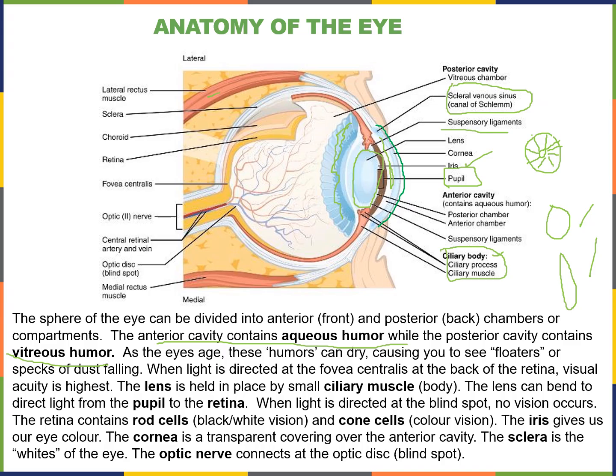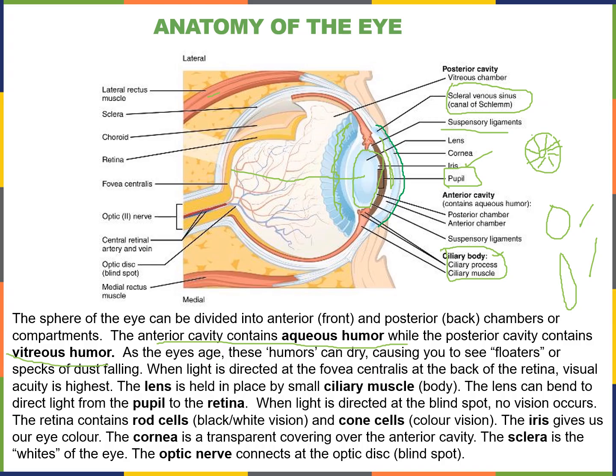This is very diagrammatic. I think it's probably just meant to show what a picture of the eye would look like if you had it in sagittal section like this. But immediately from the lens, the light will pass directly to the vitreous humor and then to the retina.